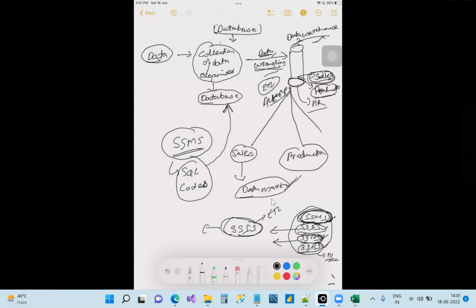Sir, SSAS or SSRS is a BI tool? Not both of them. SSAS is similar to this data warehouse, where whatever we did in the process is ready for analysis. If you have done your ETL, then your data becomes ready for analysis, right? So all your analysis you do in SSAS.